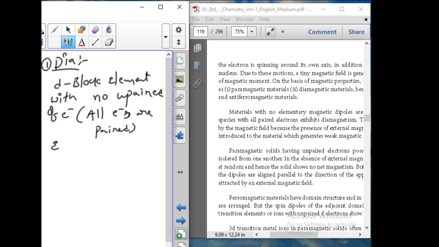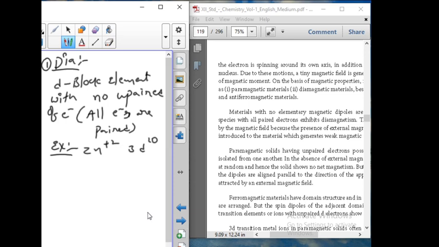If any element is given, how can you say whether it is diamagnetic or paramagnetic? For example, Zn2+ has the electronic configuration 3d10, so all electrons are paired up, so it is diamagnetic.